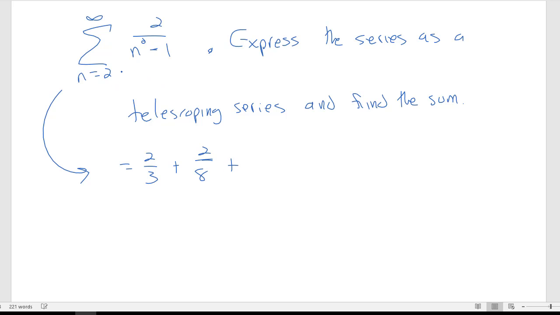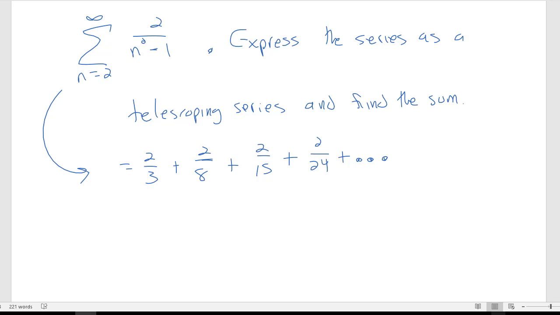If I plug in n equals 4, 16 minus 1 is 15. And 5 squared is 25 minus 1 is 24, and so on and so forth. Now what we talked about earlier in the video was, as long as all of these terms are going to 0, I have a chance of convergence. There's no guarantee that it converges.